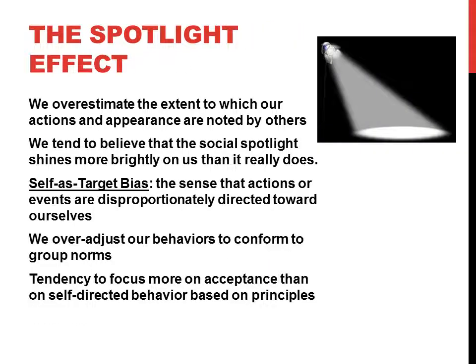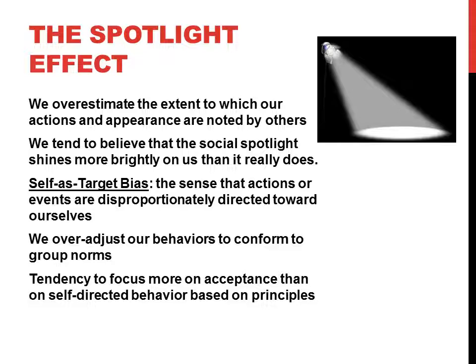The spotlight effect is when we overestimate the extent to which our actions and appearance are noted by others. This is based on something known as the self as target bias, which is the sense that actions or events are disproportionately directed towards ourselves. We tend to believe that the social spotlight shines more brightly on us than it really does, and so we over-adjust our behaviors to conform to group norms.